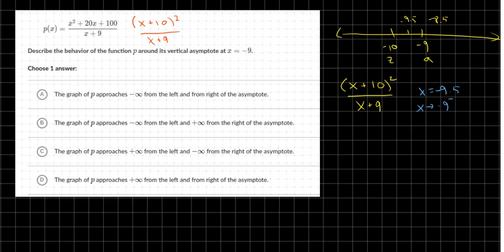Over here I've got a positive and a squared, so it's positive again, and then on the bottom I've got a negative. So what's our function? Our function is p of x is going to approach negative infinity.